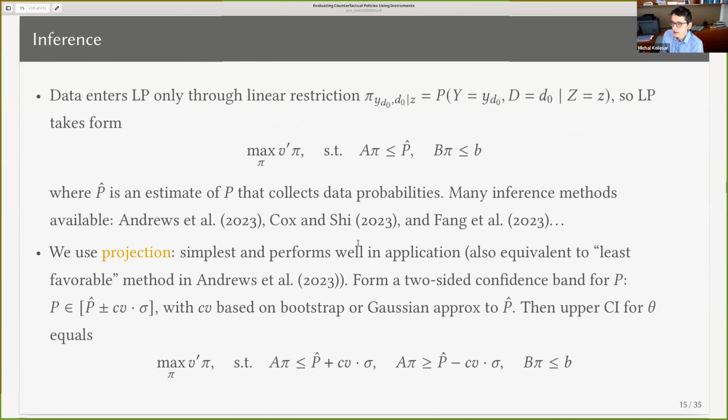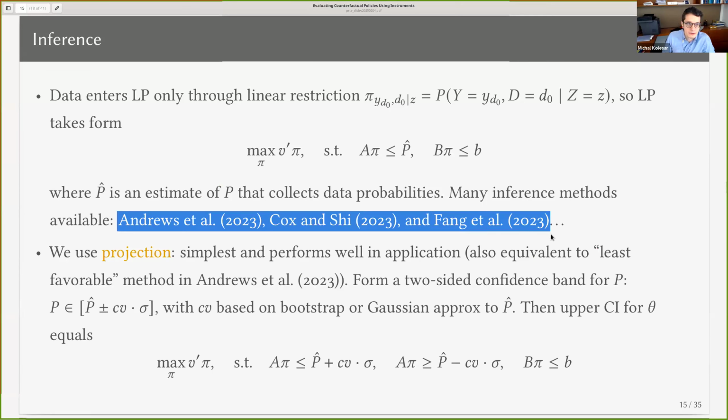So that's the first result. It's also easy to do inference here because this is a linear program. There are many papers that consider inference on parameters that are identified by linear programs. I guess all of them were published in 2023. We are going to do the simplest possible thing, which is just projection.